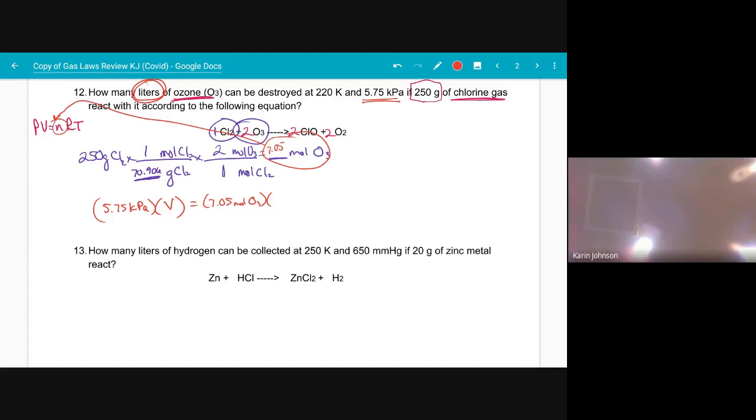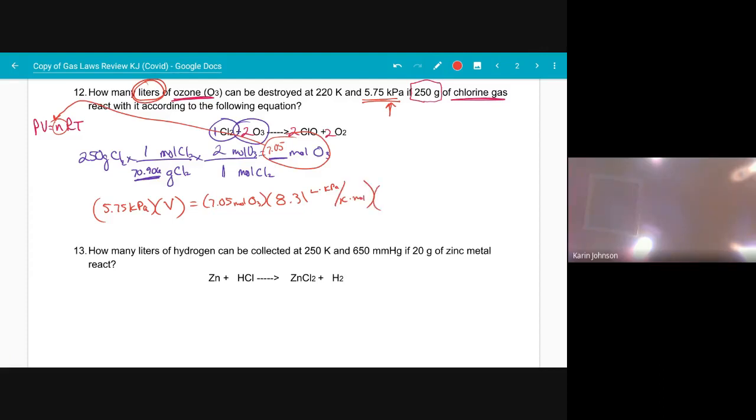Now the R, we need to use the correct R, and the R we need to use is the one that's with kilopascals. If I can't remember which one that is, then I have to look it up. In this case, it happens to be the same one that we did with problem number 9, which is too bad, but it's 8.31. So that's R, and that would be liters times kilopascals over temperature times moles.